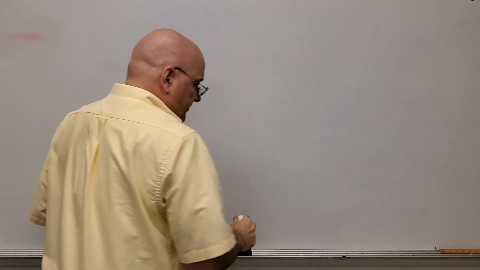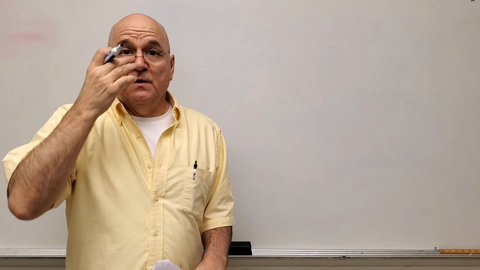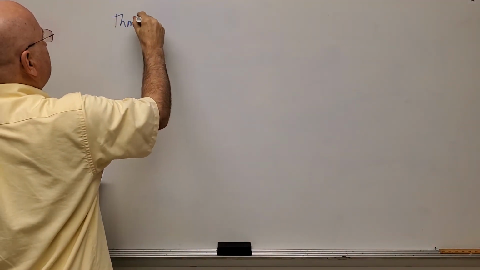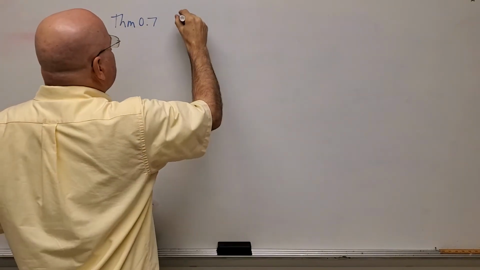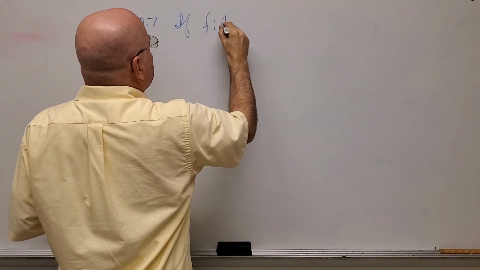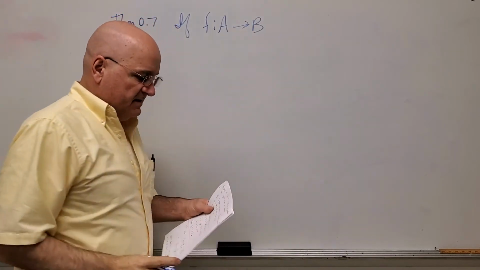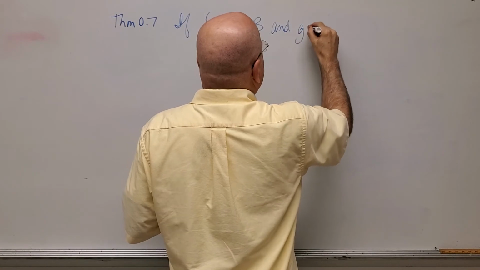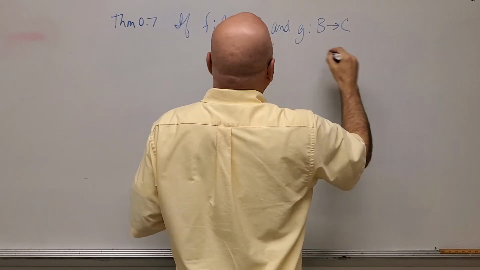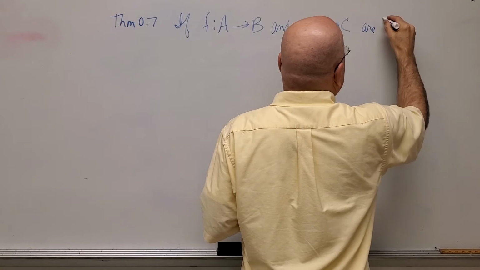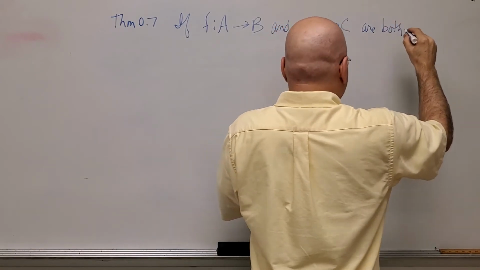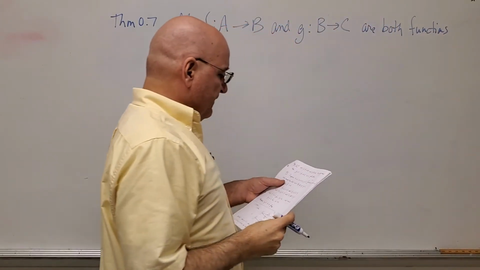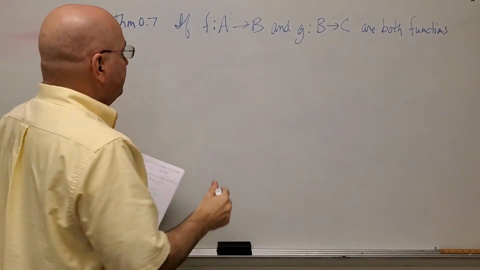We didn't state whether g of f of x was or was not a function. And this theorem will help us out to determine that. If f maps A into B and g maps B into C, if they're both functions, then the composition is a function.